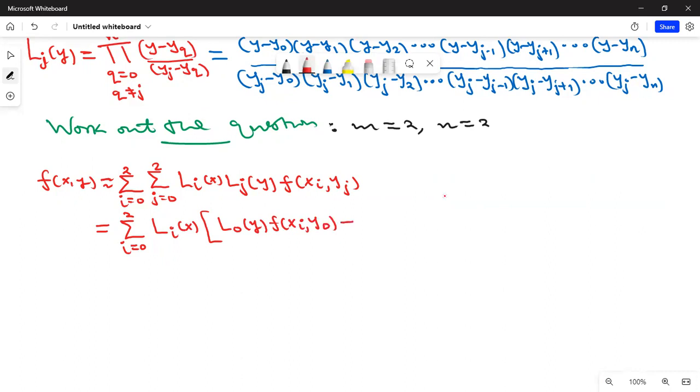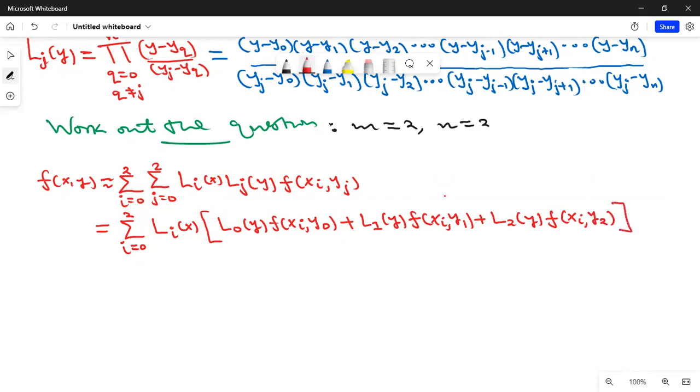Remember, j is 0. Now when j is 1, it is L1 of y, f of xi, y1, plus when j is 2, L2 of y, f of xi, y2. That's the inner summation.